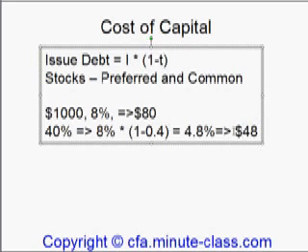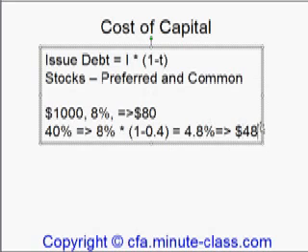The reason is that if you didn't issue the debt, in the income statement, you would have $80 less expenses, and thus you would have to pay 40% of the $80, that is $32 more to the government. Taking this into account, although your real cash flow to the debt is $80, actually you are only paying $48 extra due to the debt. So that's why the cost of the debt is I times (1 minus T).